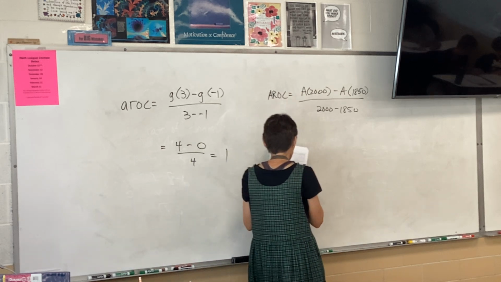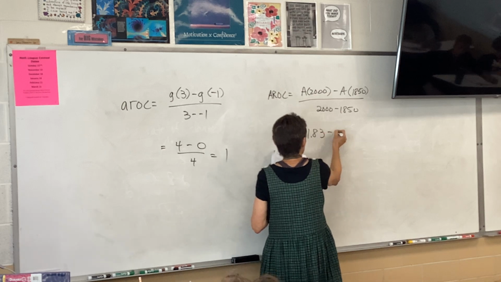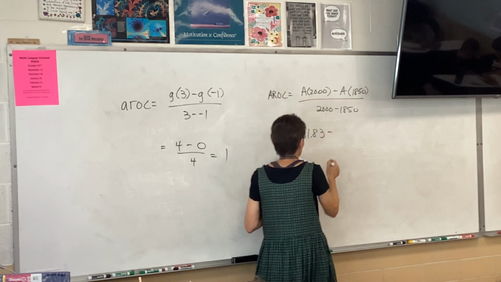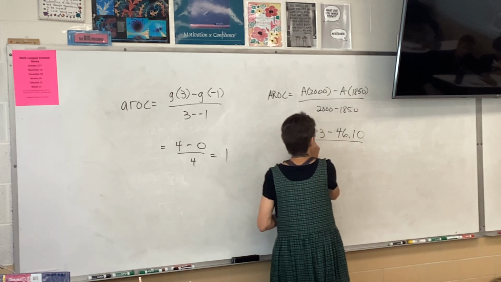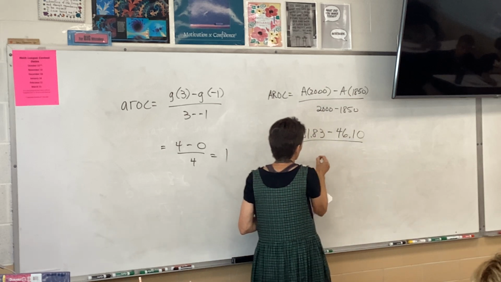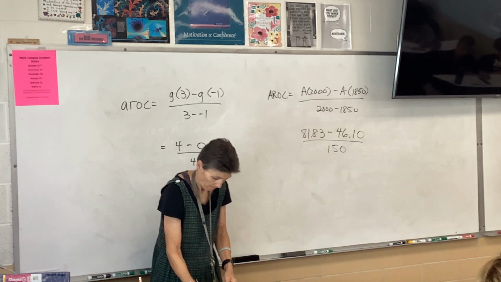What's A of 2,000? 81.83. What's A of 1850? 46.10. And it's 150. Might need a calculator here.